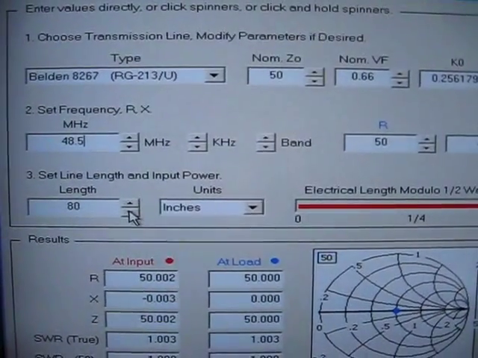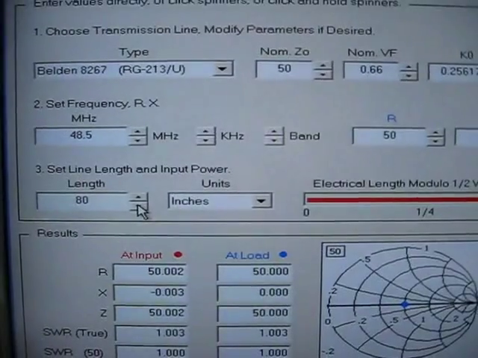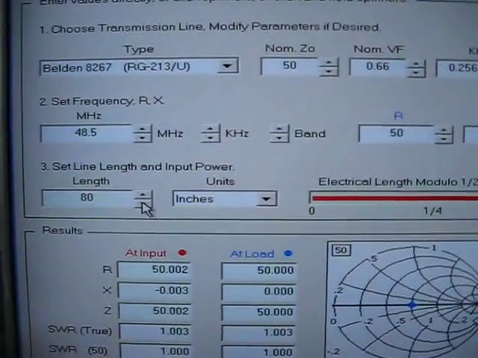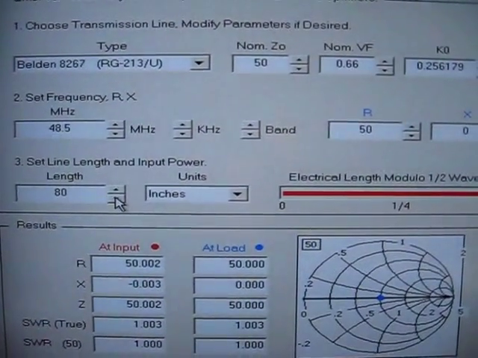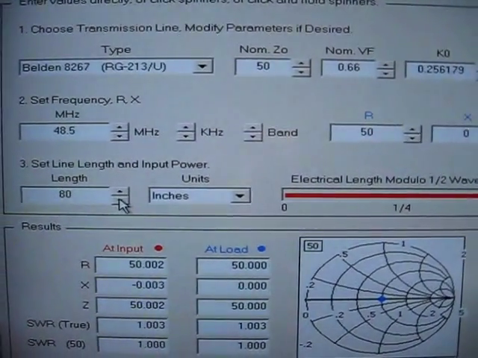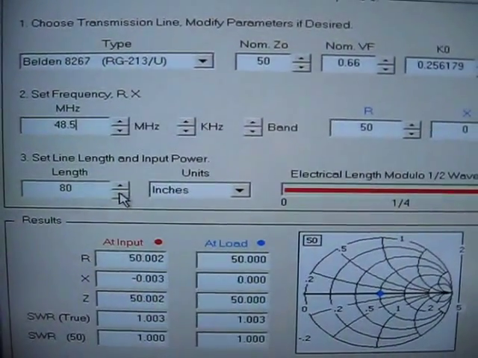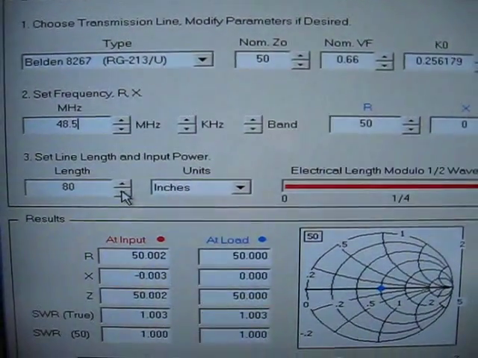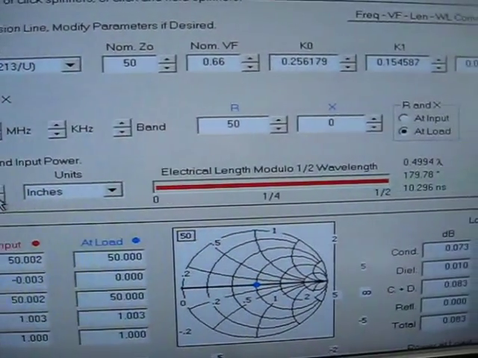Right, there's the program. There's 213. 48.5 megs was the exact one, and I put 80 inches in because the 1 inch is already in the line like the T, so you deduct the 1 inch because of the T piece. And what does that say?